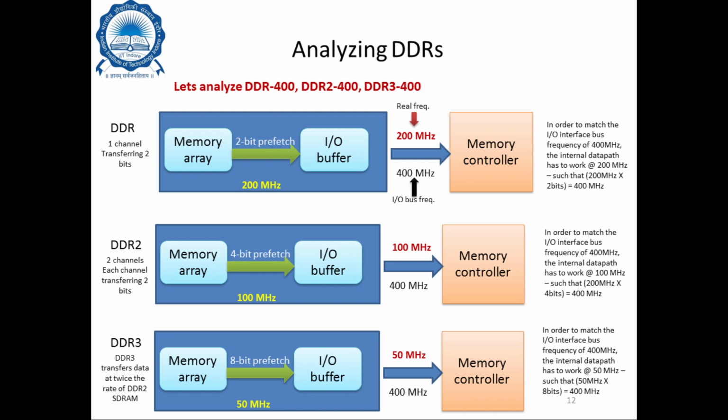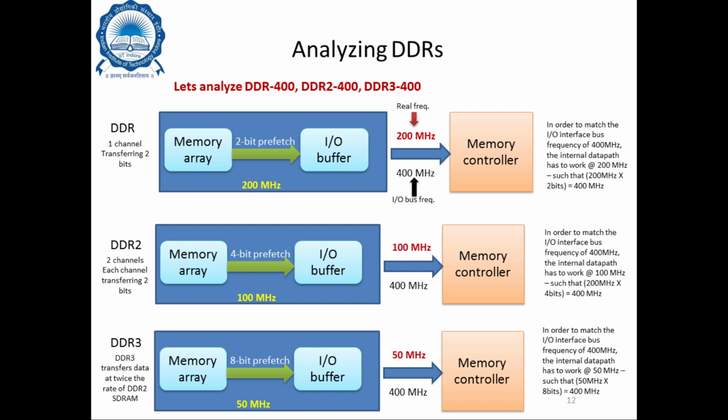Therefore, in order to meet the external IO bus frequency of 400 megahertz, the internal data path of the memory has to work at 200 megahertz, so that we could synchronize with the external IO bus frequency and transfer the data to the memory controller.